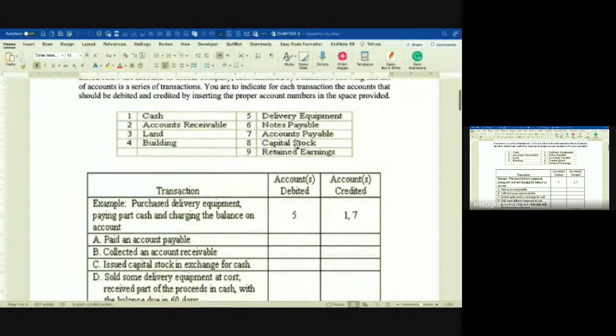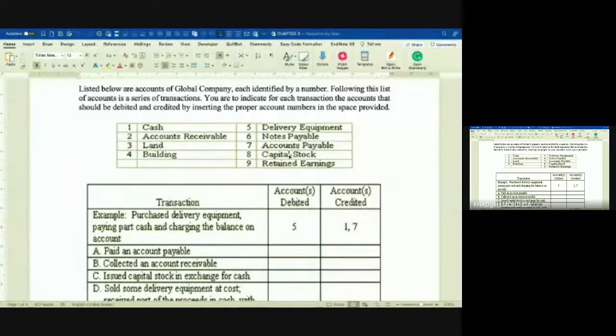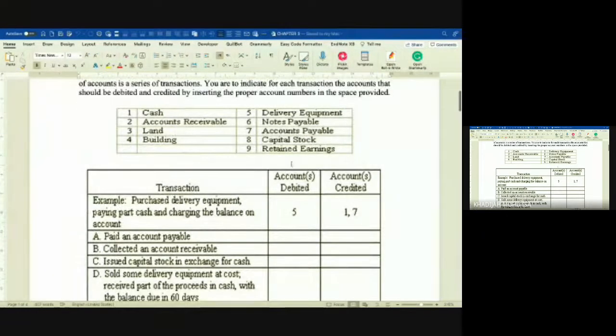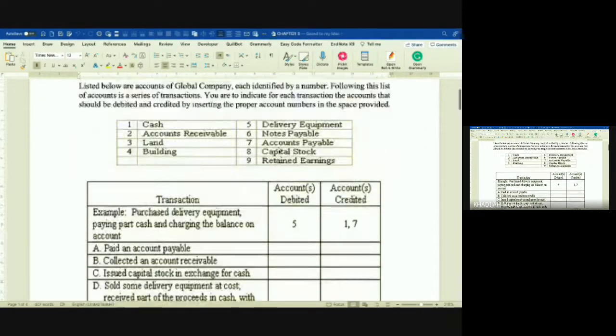We have capital stock, and this is a US book, so we call it share capital. This is your equity, and retained earnings is also part of your equity. Later we look into retained earnings, but at this point you should know that retained earnings is part of your equity. Okay, so what are you required?